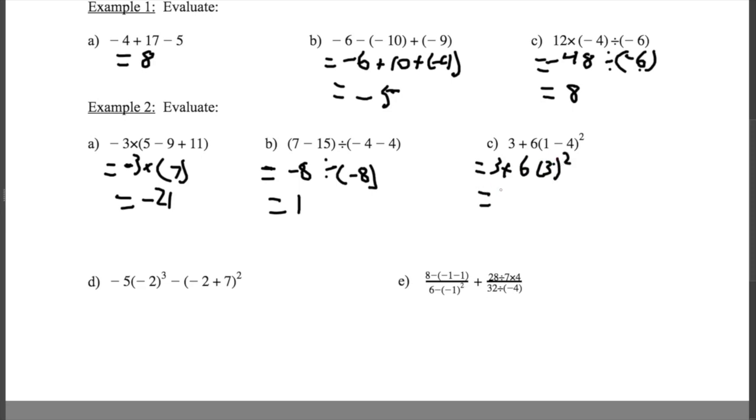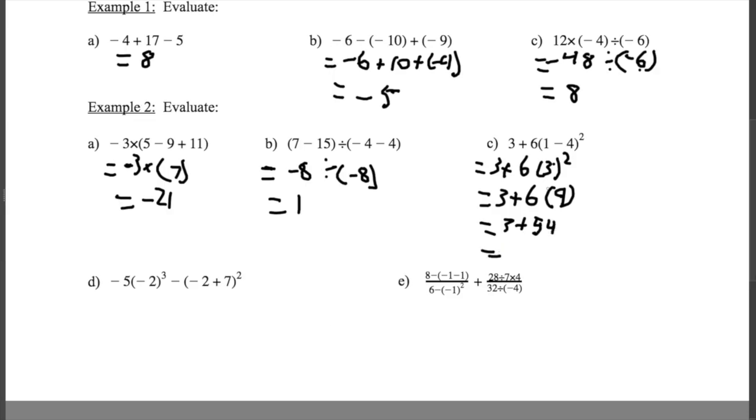So you have 3 plus 6, and then you're going to be multiplying by 9. That's 3 to the power 2 gives you 9. And then from here, 3 will be plus 54.